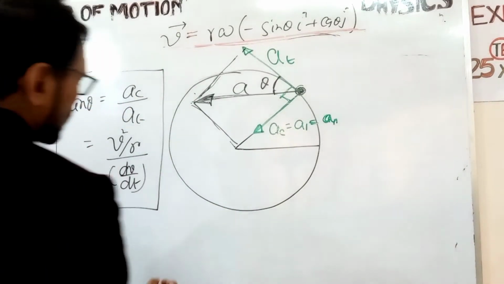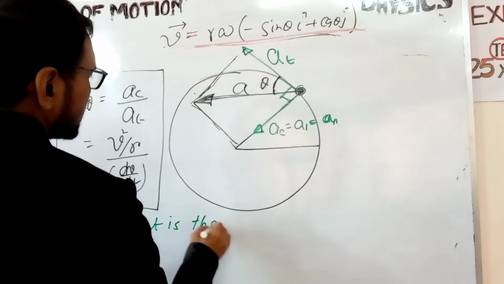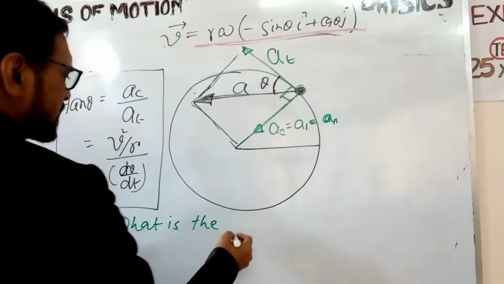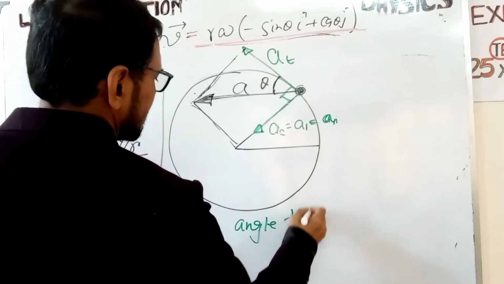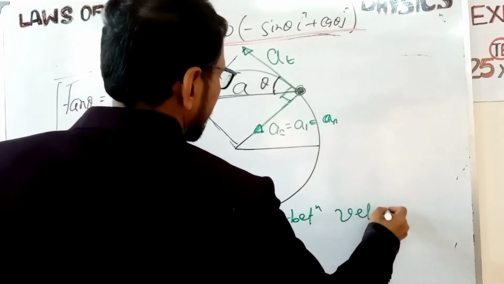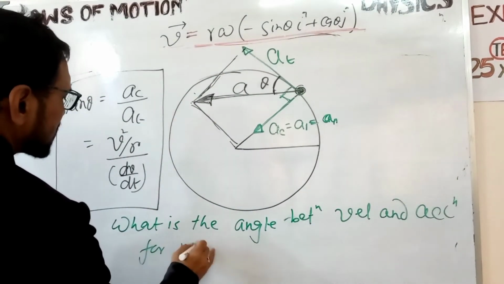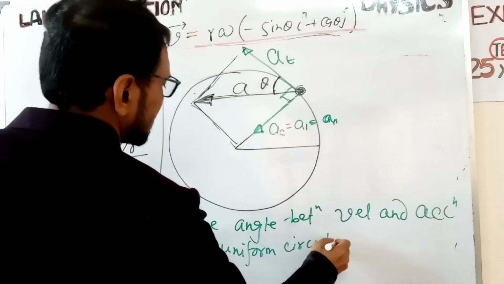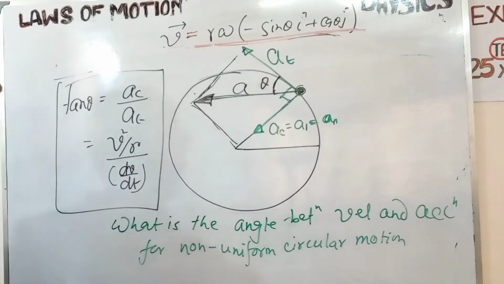Now the question comes: what is the angle between velocity and acceleration for non-uniform circular motion?